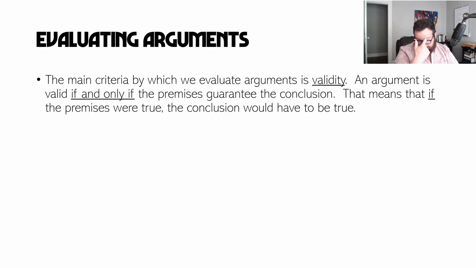Validity means that an argument's premises guarantee the argument's conclusion. Said another way, an argument is valid if, when all the premises are true, the conclusion has to be true. Okay? Again, if all of the argument's premises are true, then the conclusion would have to be true.